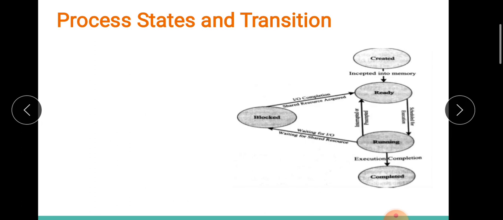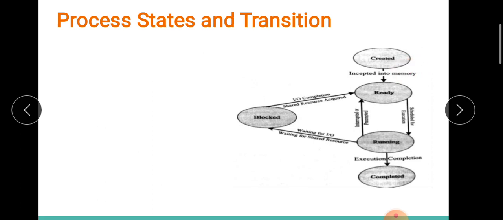Now let's discuss what the states or transition states in a process are. Here we can see created, ready, running, blocked, and completed. The state in which a process is created is called the created state.